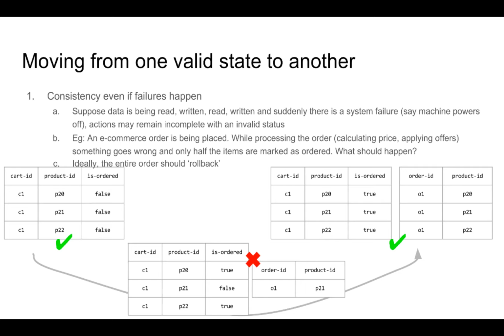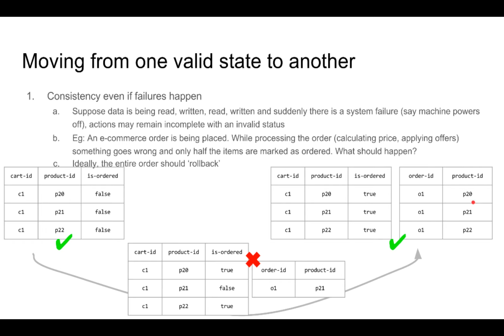So just to take an example of an e-commerce kind of modeling, on the left we have a shopping cart, and the shopping cart contains 3 products, and this entire shopping cart has not been ordered, so we see that the is ordered flag is set to false. Once the entire order is placed and the payment is done, let's say we move to another state of our database where all the is ordered flags have turned to true, and in the order table 3 new rows have been created that say that the order has been placed for 3 of these products.